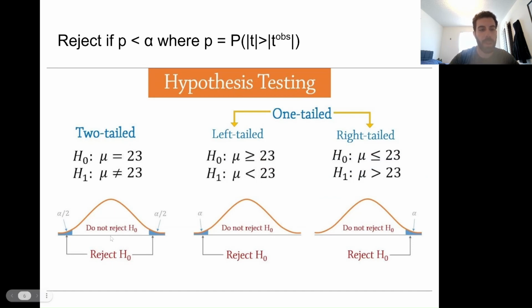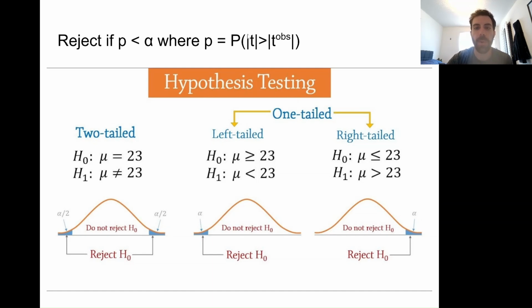So if we assume this is 0, the absolute value is saying, let's say my T is here, it's going to calculate the probability of observing anything here, meaning less than that, negative T, or it'll be symmetrical, so it'll be roughly here, anything greater than that positive T. So the absolute value does make the notation more complicated, but it's really just to convey this idea of more extreme or less extreme, because our distribution can be either positive or negative.